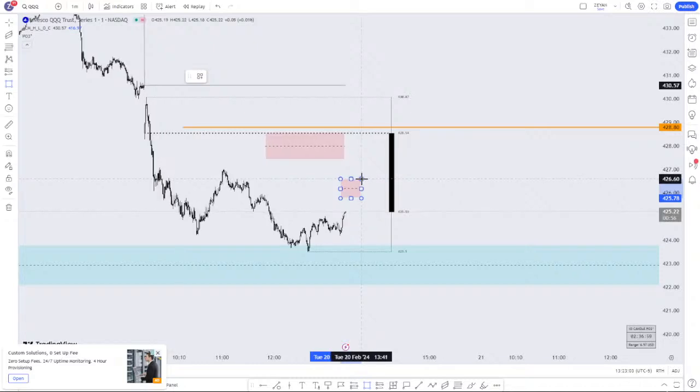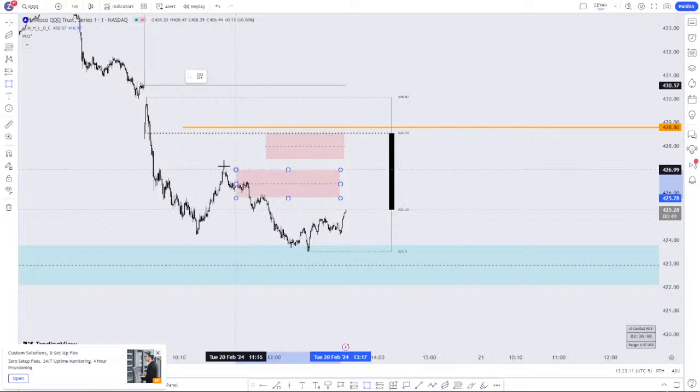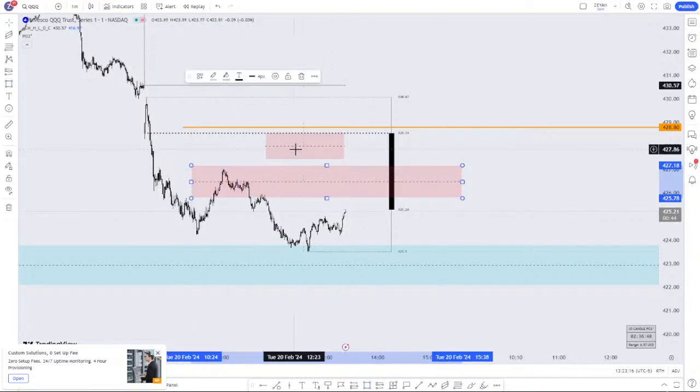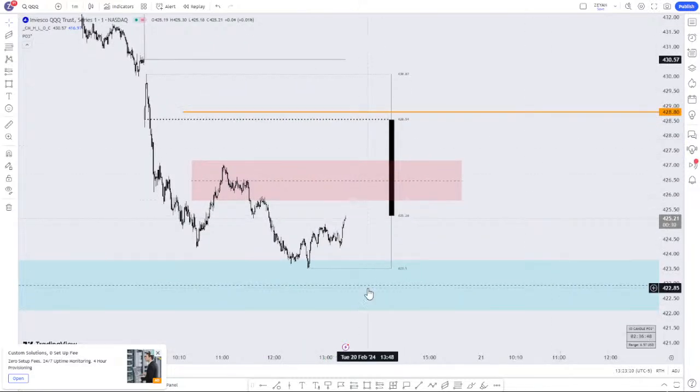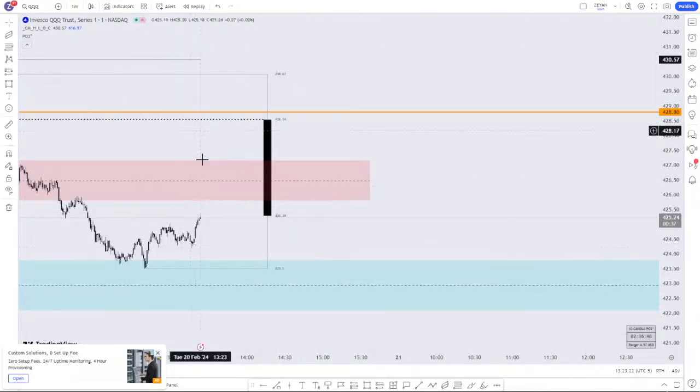427.21. Basically this whole point, a little bit above this point. If we fight up and above, move up, and give a closing, this would become the bottom.